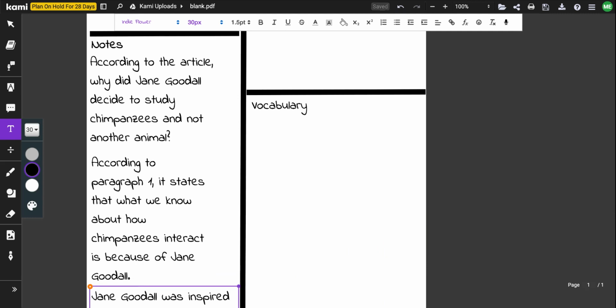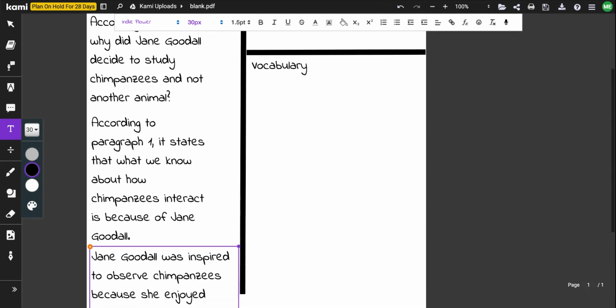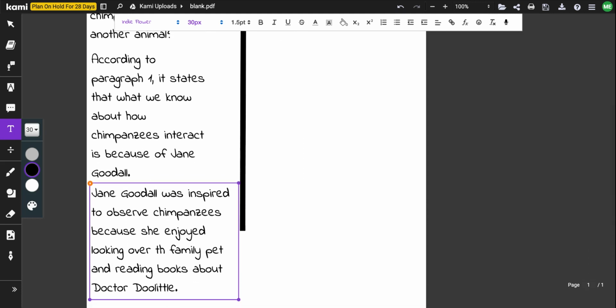So I'll go back to the TDQ. According to the article, why did Jane Goodall decide to study chimpanzees and not another animal?